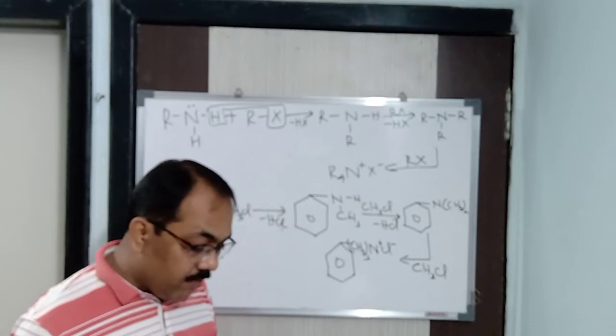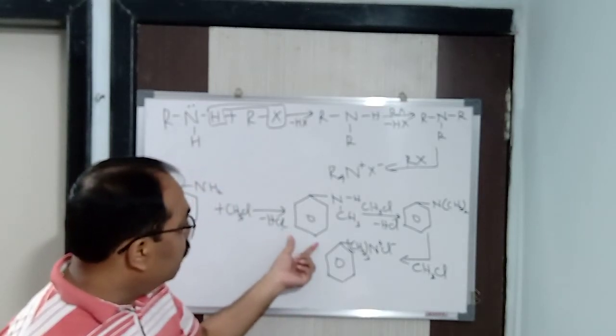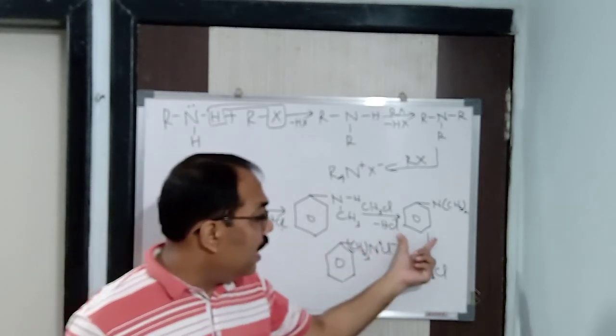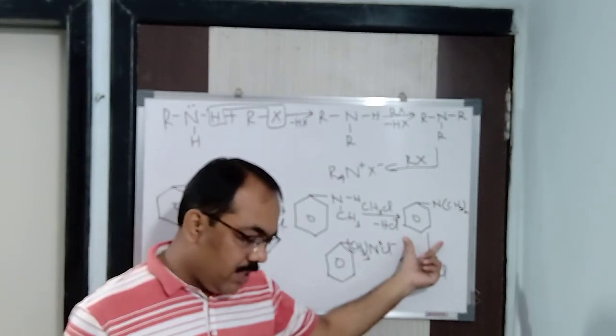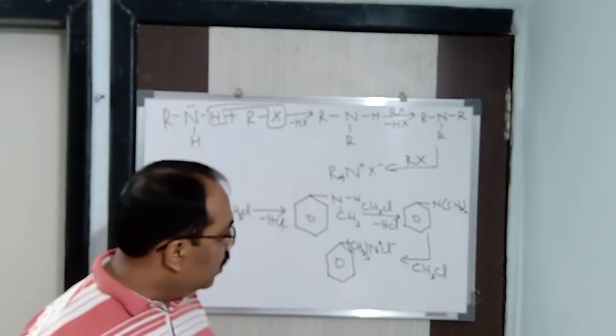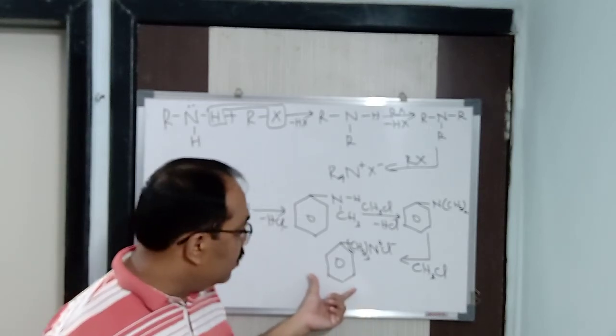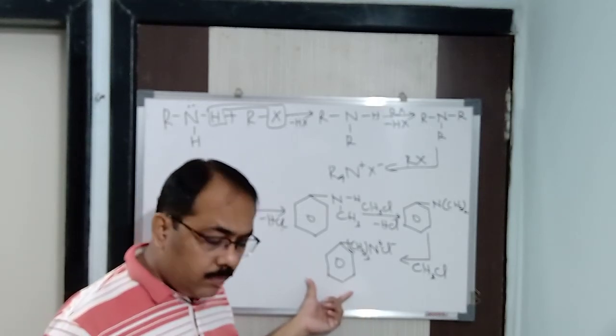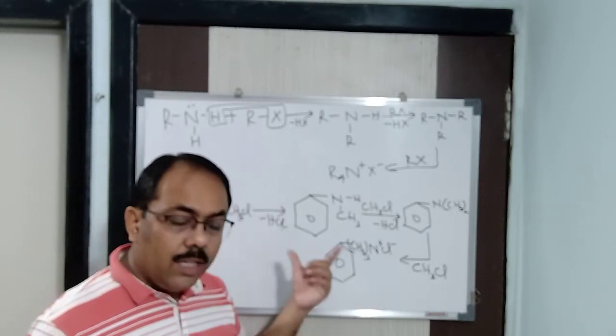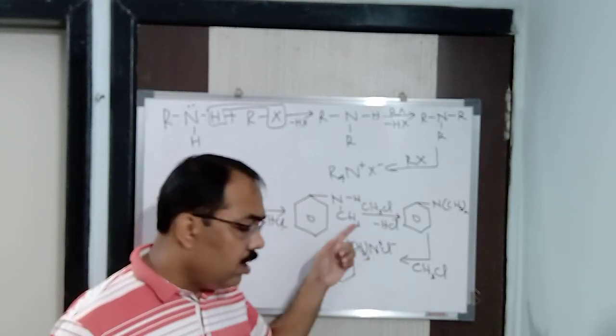For example, this one is N-methyl aniline. It is N,N-dimethyl aniline. Clear? Then it further reacts to form trimethyl anilinium hydrogen chloride.